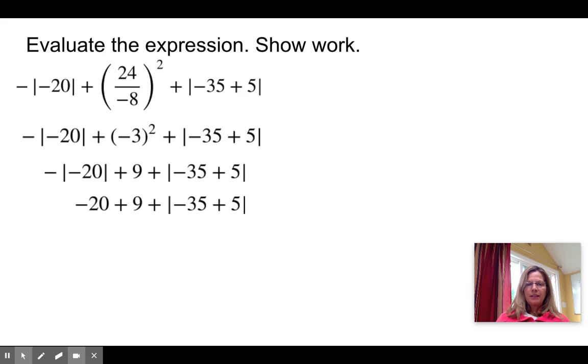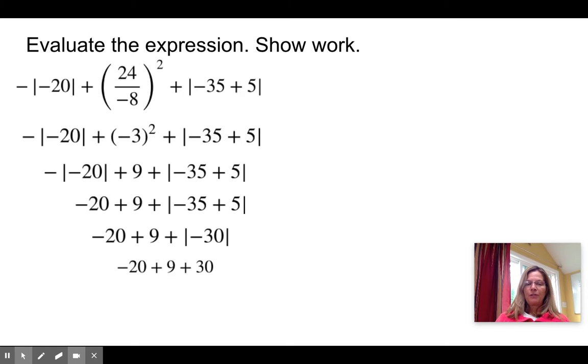And now in the second expression, there's a math problem to do inside those absolute value symbols. So we are going to add negative 35 plus 5, giving you negative 30. And the absolute value of negative 30 is 30. Now we're just left with 3 numbers which are being added.